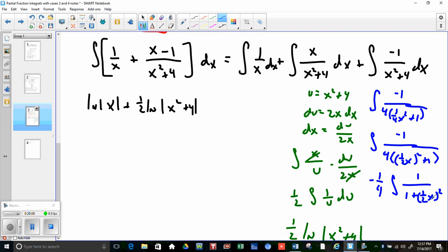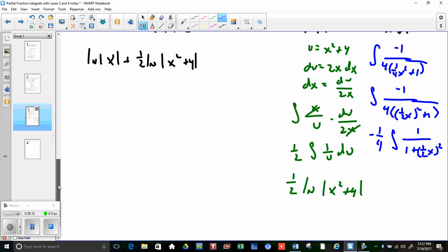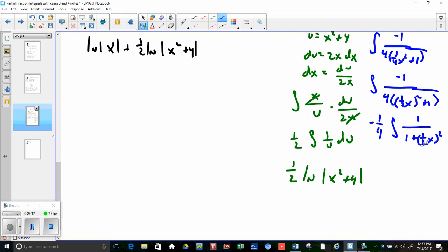However, we would have to do a very small u substitution here. We would have to let u be 1/2 x, du would be 1/2 dx, and dx is going to be 2 du.